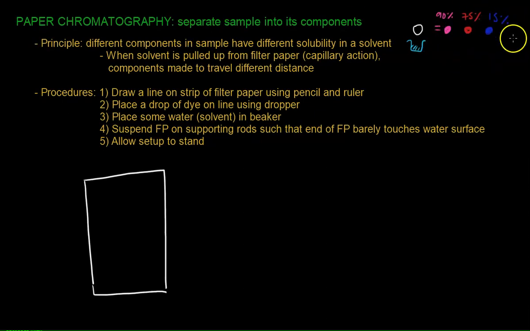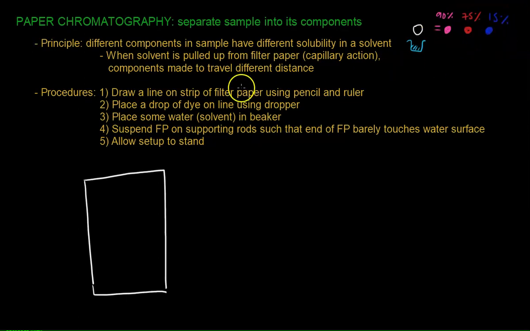Based on these numbers, which are just a rough gauge, the pink one is much more soluble in a solvent than the rest of them. This will impact how they look in the paper chromatography later, and you'll see what it means. Just keep in mind that pink is more soluble in water than red, which is in turn more soluble than blue.